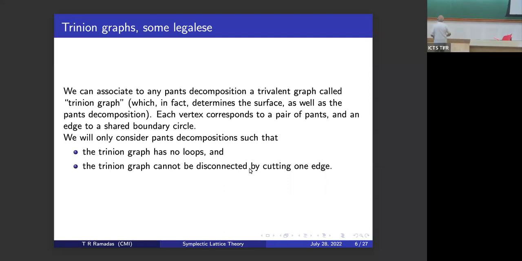In other words, we don't allow such decompositions of the surface, with some junk here and a circle here, and we don't consider decompositions of this kind either, because this will correspond to a trinion graph which can be disconnected by cutting this edge, and this will correspond to a trinion graph like this.